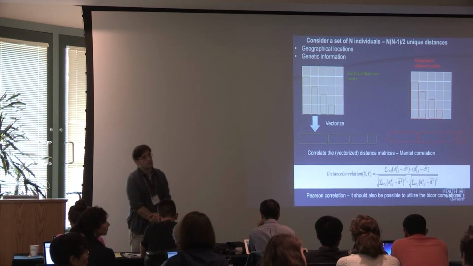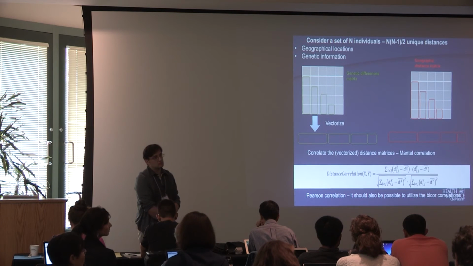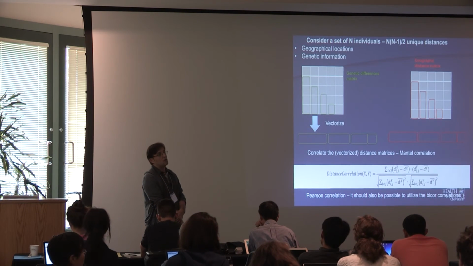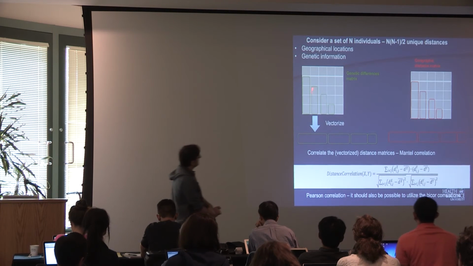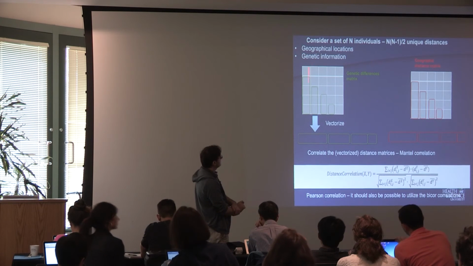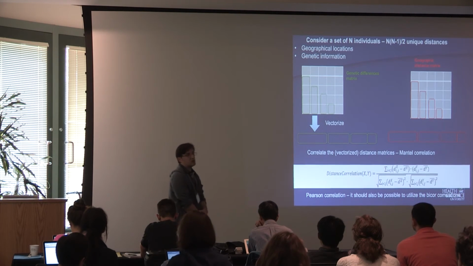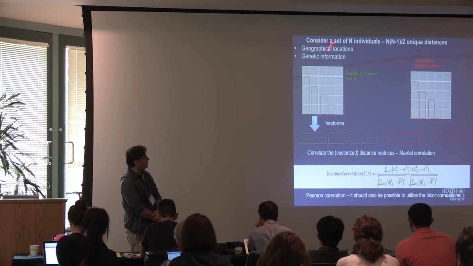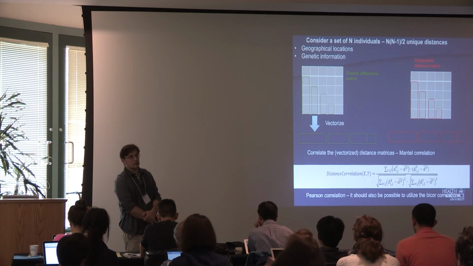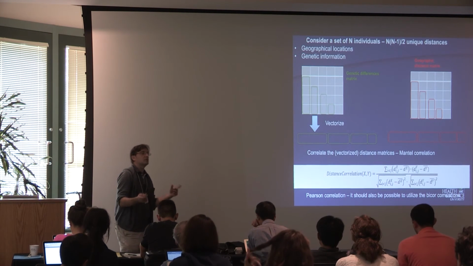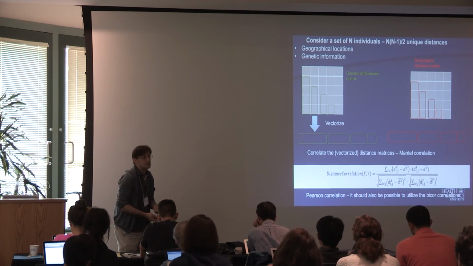In Mantel correlation, is the significance calculation similar to a normal correlation? No. This one is not independent, because obviously these entries are dependent. So it's permutation testing. If you want to find the p-value for whatever Mantel correlation coefficient you find, you have to give it the number of permutations.